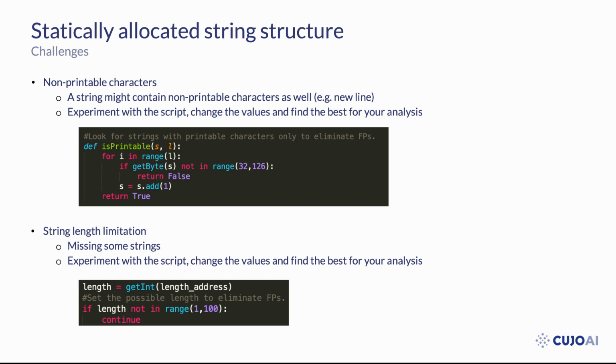And the same goes for the string length limitation. So it can miss some of the strings if they are larger. So this can also be very easily changed. So these are not very big problems, but we have to be aware that some of the strings might be missing because of these limitations.